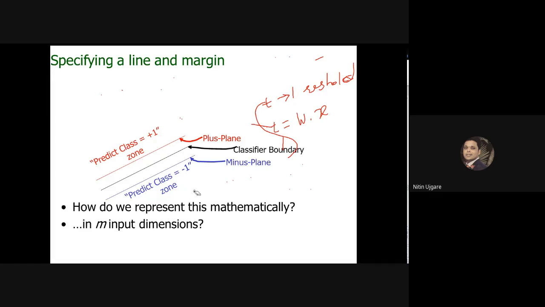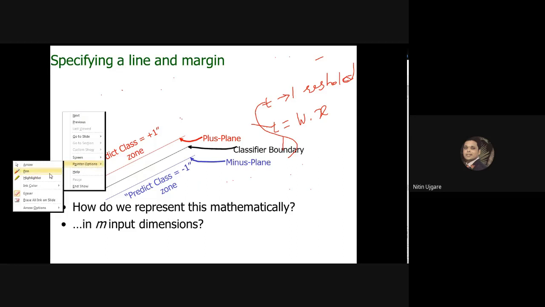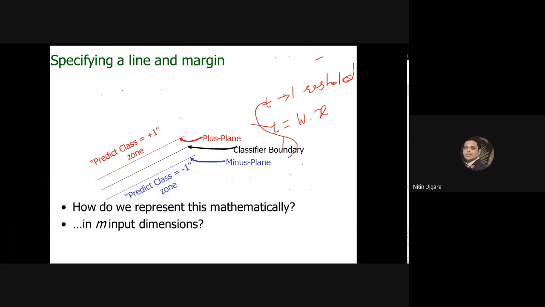So let's assume that m plus is the smallest distance of the support vector which is belonging to the positive class. So this distance of positive margin will be represented as m plus.